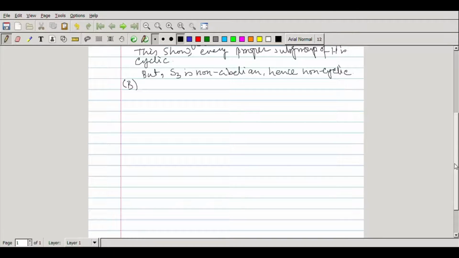It says that every proper subgroup of Zn is cyclic. So we prove a more general statement.